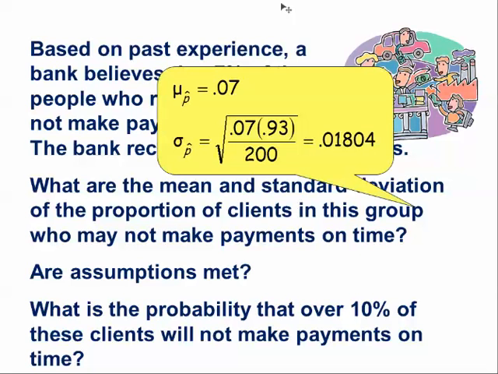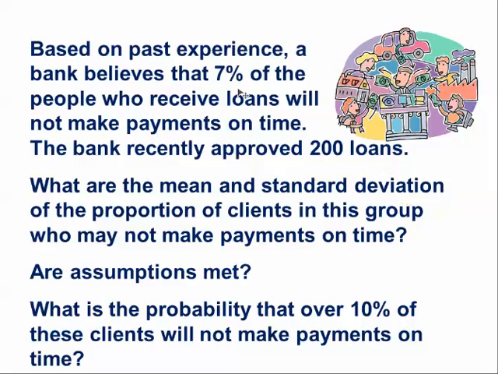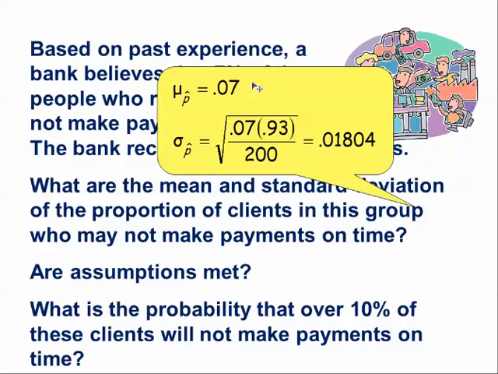You'd hope it is. So first of all, the p hat is 0.07. Why? Because the sample proportion is going to be equal to the overall probability. And they said 7% in the past. We're going to live with that, 7%. We can find the standard deviation: 0.07 times 0.93 divided by 200, take the square root of it.